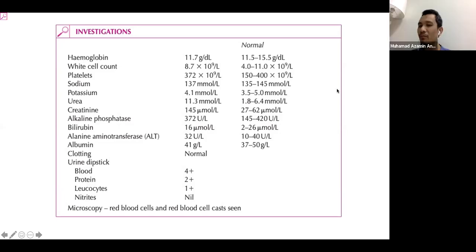As well, leukocytes can indicate glomerular injury, which causes inflammation at the glomerular basement membrane, and also due to the increase in urea and creatinine, it suggests acute kidney injury. So I agree with the diagnosis. So you agree with Amirul.